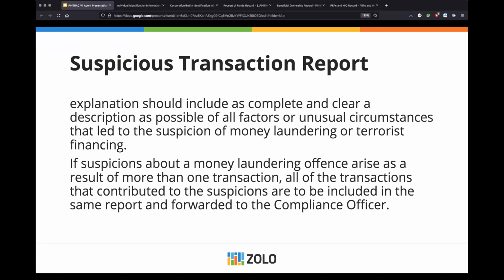If you have reason to suspect one transaction for money laundering and you've done multiple transactions with the client in the past, all of those transactions will now be considered suspicious transactions.